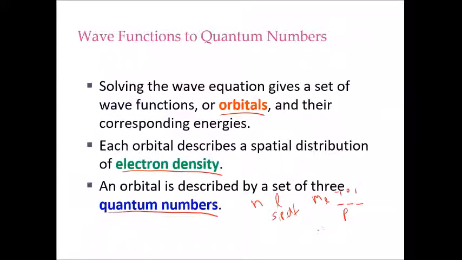You don't have to know quantum numbers for the AP exam. I did attach notes and example problems at the end here that are optional if you want to go back and revisit quantum numbers. I would suggest that you do, because you will see them in college if you're going to take a college level chemistry class, as well as the fact that they are on the SAT2. The SAT2 curriculum is not the exact same as the AP exam curriculum.